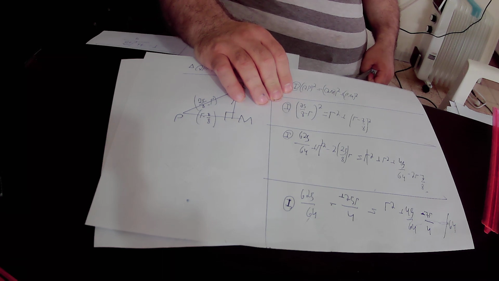According to the algebraic identity, (A minus B) square equals A square plus B square minus 2AB.